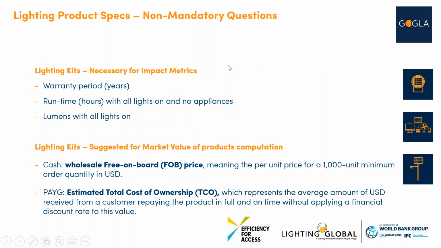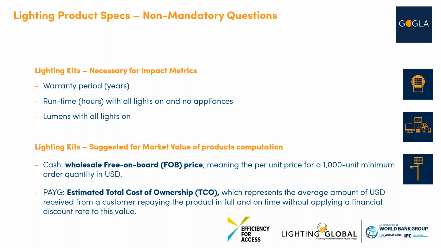Then there are some non-mandatory questions about the warranty, the runtime of the solar products, and the lumens. This will help us compute how many more available hours of light are given to the customer. There are some important questions for lighting about the kits itself. Then we want to know how many lights are included in the package, and we ask some information about the pricing.